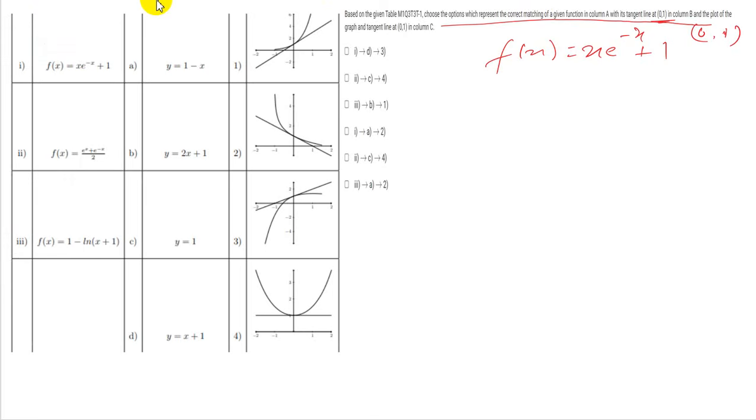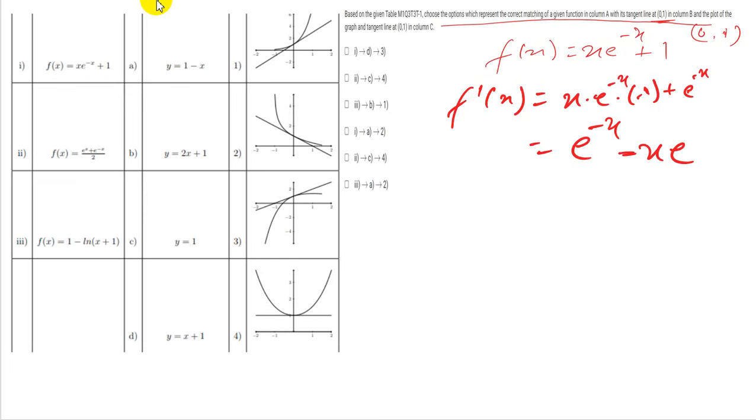Okay, so let's see. For tangency we need to find its derivative, first derivative, and here we have to use the product rule. We leave x and differentiate this, we will be getting minus e to the power minus x into 1, and now we leave this and differentiate the other, so we'll be getting e to the power minus x.